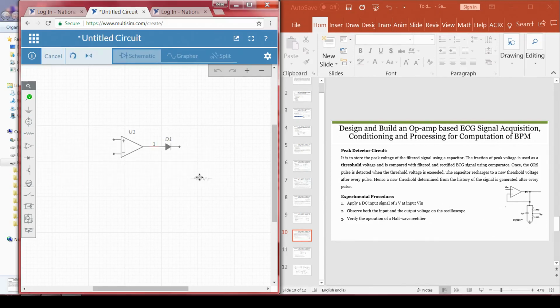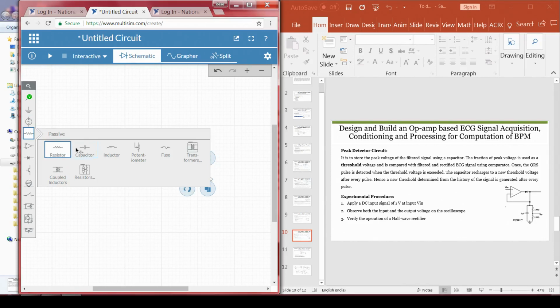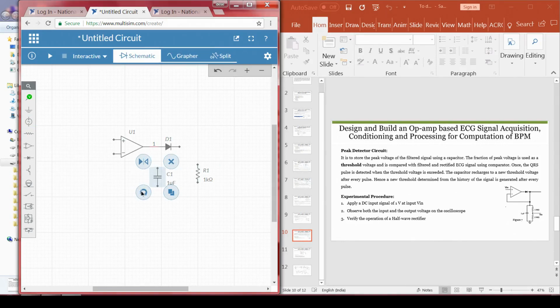I am taking a resistor, one more resistor and a capacitor too. So, the capacitor is also there, then this resistor, right. These two have to be connected together. Now, if you remember, the purpose of the capacitor is to charge to a peak value.